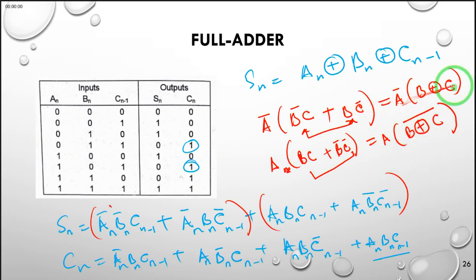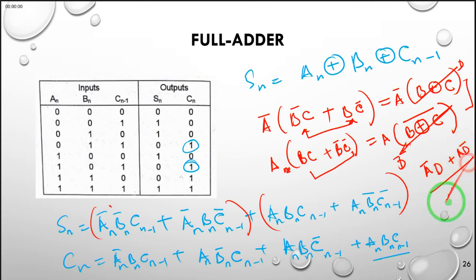Therefore, when we look at these 2, let the term in the bracket be D, then this other term in the bracket will be D bar. And for that reason, you'll have A bar D or A D bar.